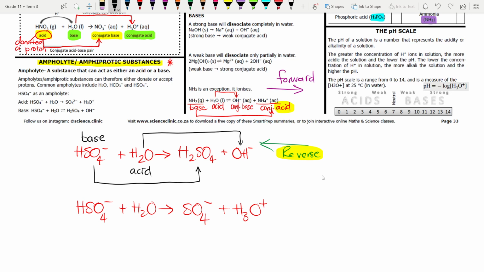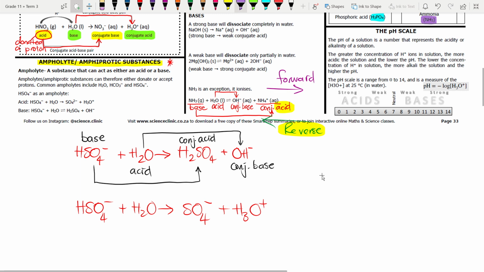So this means this one is a conjugate acid, and this one is a conjugate base. Okay, let me move this reverse sign to the other side. And you can see the reverse also works. H2SO4, you can remember that from the strong acids, this one will always be an acid. So conjugate acid is correct.